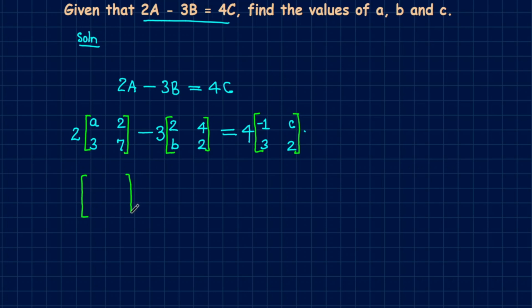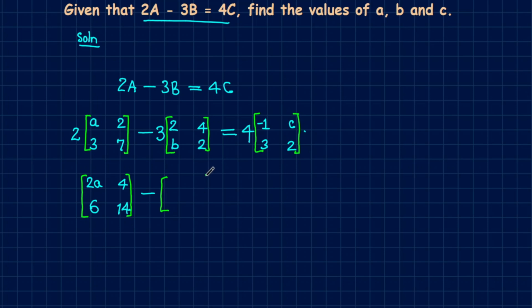Let's start with the first multiplication. 2 times the first element gives 2a, 2 times 2 gives 4, 2 times 3 gives 6, and lastly 2 times 7 gives 14. Then we move on to the next one, where we have the subtraction sign and create our bracket.